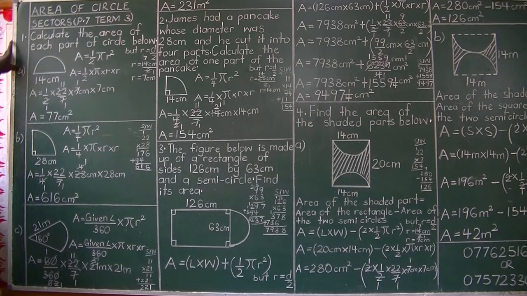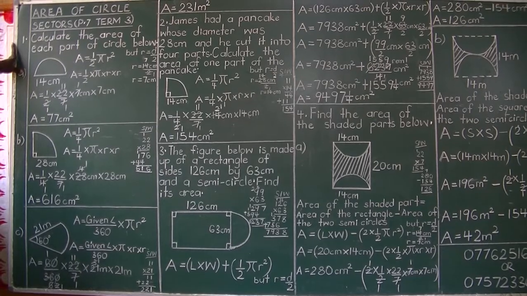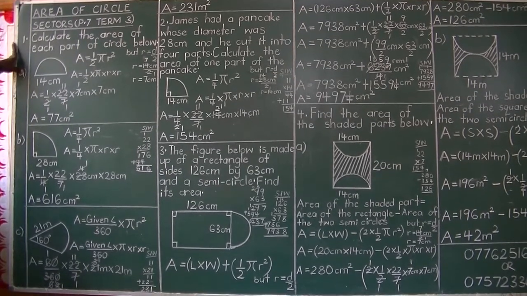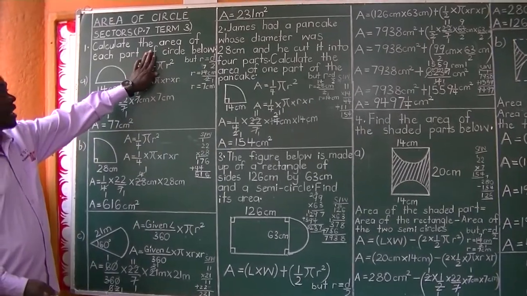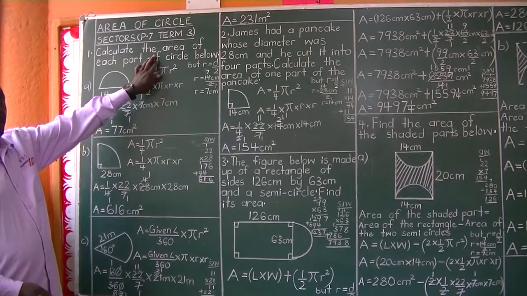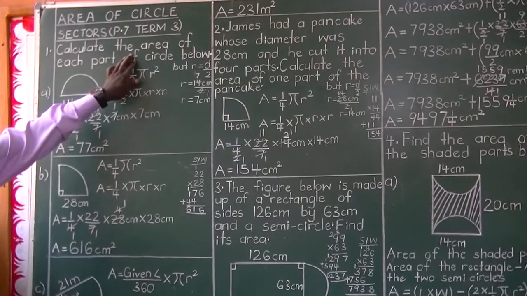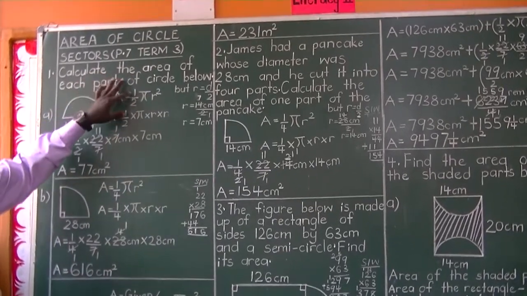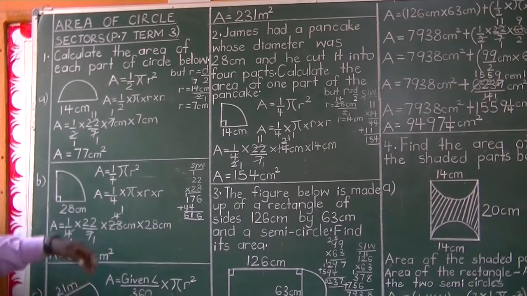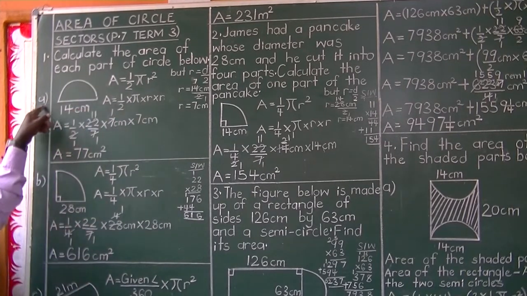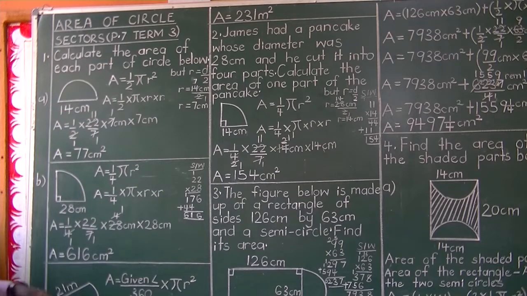The first one being a semicircle, which is a half of a circle, then area is equal to a half pi r squared. Remember, just pi r squared is a full circle. And now that we are dealing with a half of a circle, we say area is equal to a half pi r squared. You must note that the flat surface of a semicircle is called a diameter.